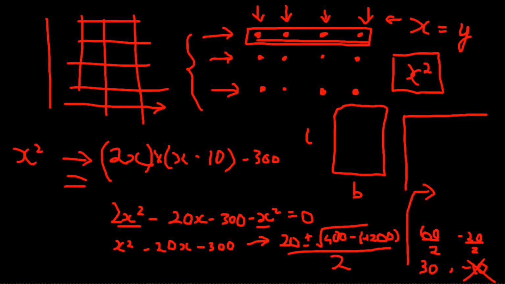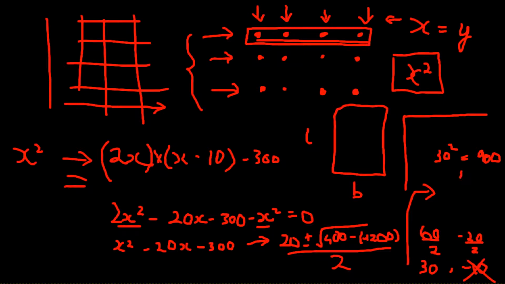So now we know that 30 was x. So originally you had 30 squared seats, which is 900. And now we've been given that the new arrangement had 300 more seats. So you can directly say 1200.